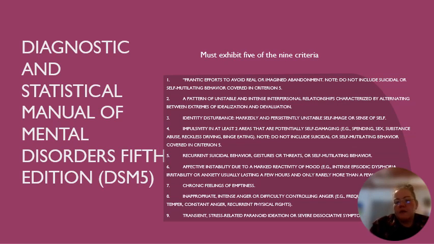And then in the Diagnostic and Statistical Manual of Mental Disorders, fifth edition, there are 9 criteria listed to be diagnosed with borderline personality disorder, and the patient must exhibit 5 of the 9 criteria.